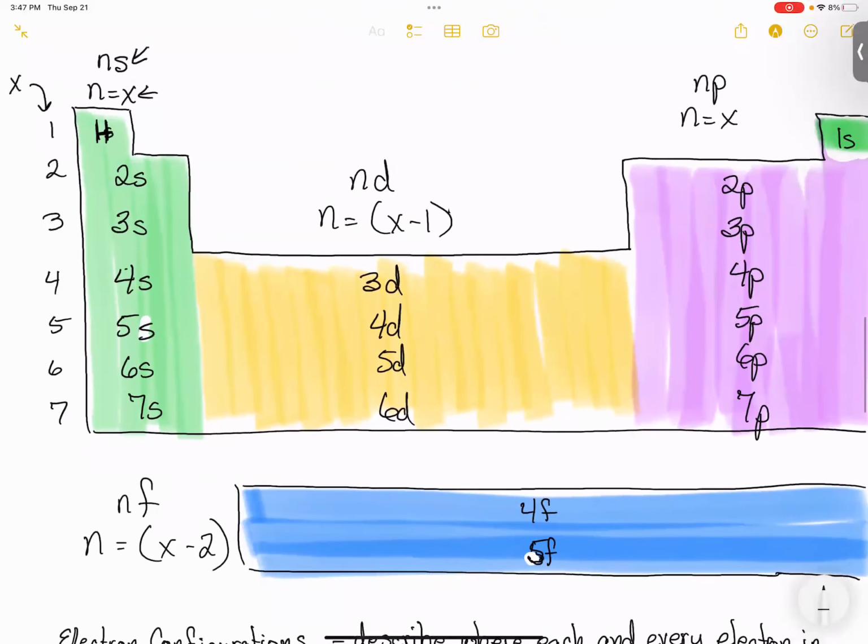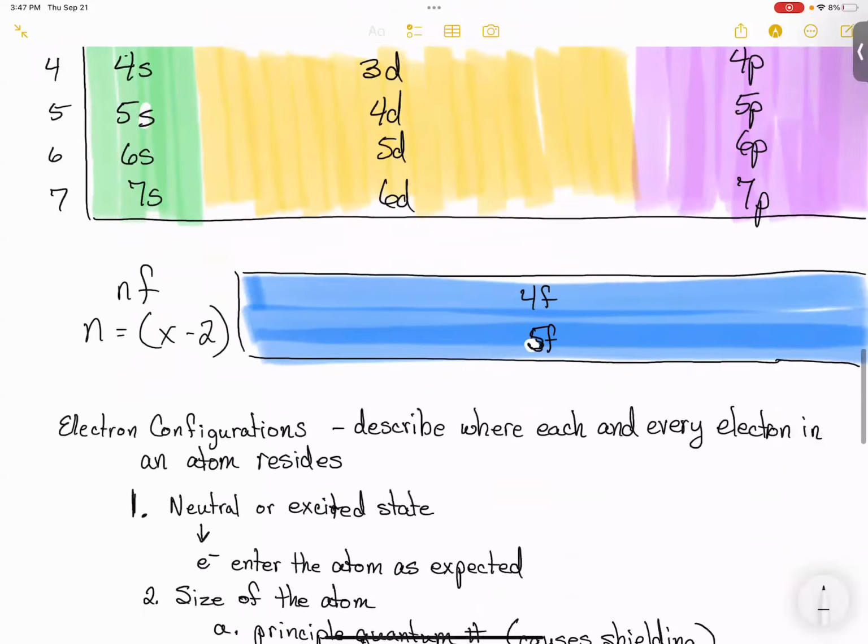On our periodic table, helium is sitting over here. It is in the S block, hence the reason it's colored in, where N is equal to the period number. So it's in the 1s.